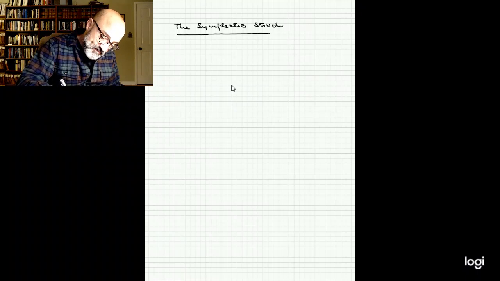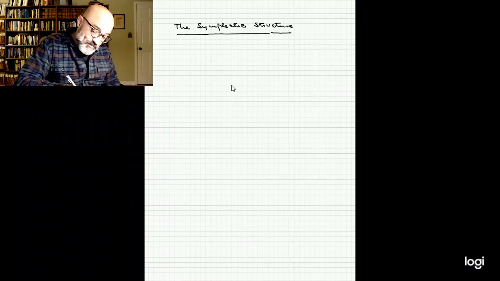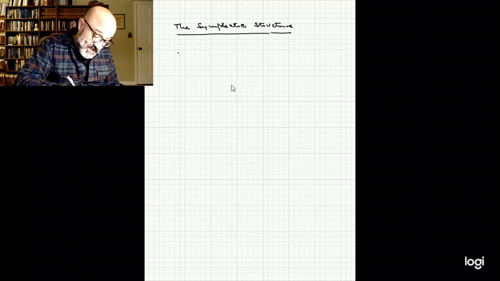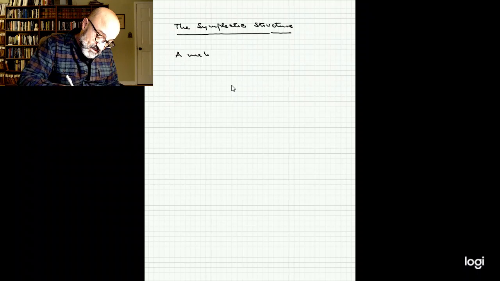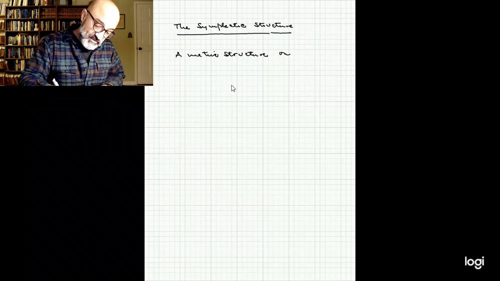What is this? Well, a metric structure: sometimes you have additional conditions on your manifold, and you may have a metric structure. A metric structure is just saying you have a metric tensor on the manifold.